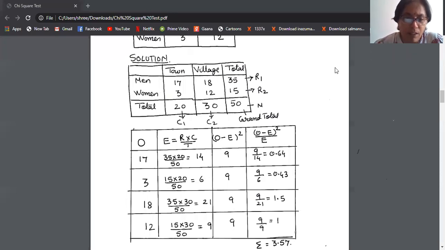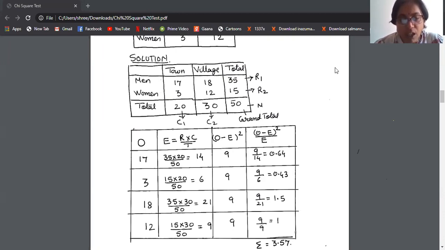Next, we go to 18. For 18, the corresponding row total is 35. The corresponding column total is 30. And the grand total is 50. So it is 35 into 30 divided by 50, which is 21. And the last one, that is 12. The corresponding row total is R2, which is 15. The column total is C2, which is 30. So 15 into 30 divided by 50, which is 9.